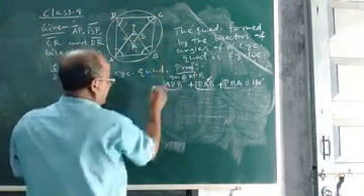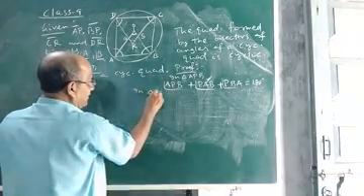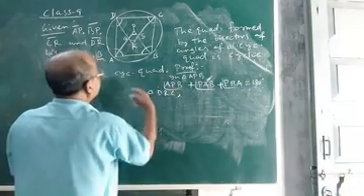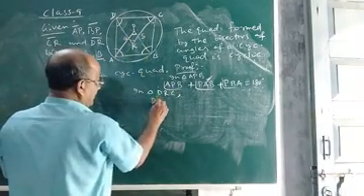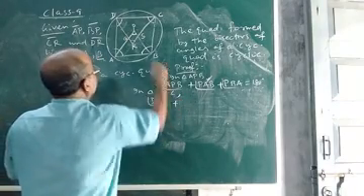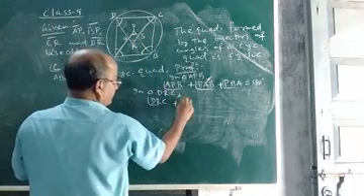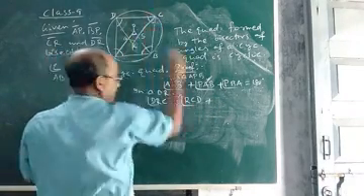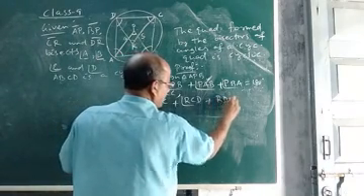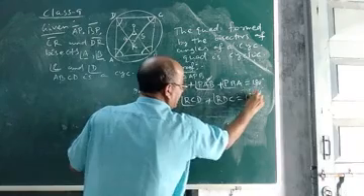Then you consider triangle DRC. In triangle DRC, angle DRC plus angle RCD plus angle RDC is again 180 degrees.